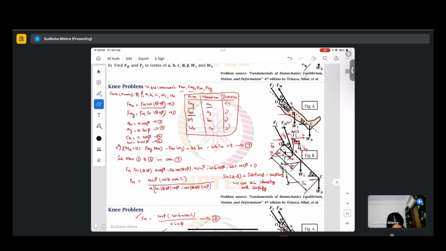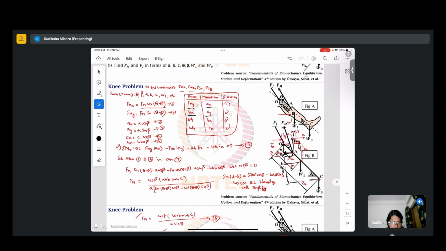Next is Fmx, which is at a distance of ay from the origin. So the moment arm is ay for Fmx, and the force is acting in this way, so the direction of the moment will be like this.